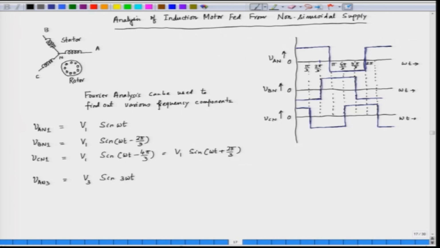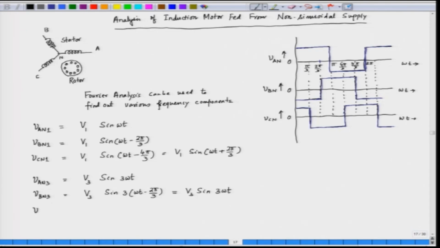For phase B, VBN3 is V3 sin 3 omega t minus 2 pi by 3, because this is shifted from phase A by 2 pi by 3, and that is equal to V3 sin 3 omega t.